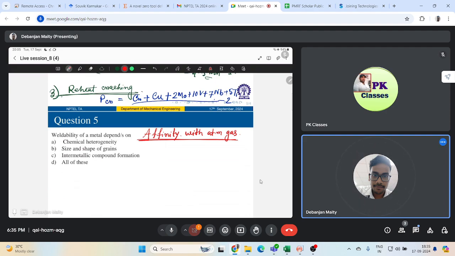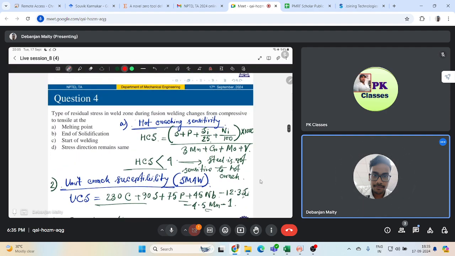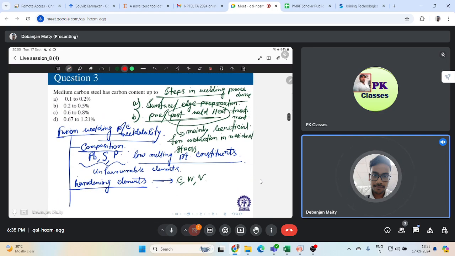So whatever parameters I'm talking about right now, let's say this is B and this was A, composition. These will be common for fusion welding and for solid state welding, but they will affect your weldability in different ways, right?